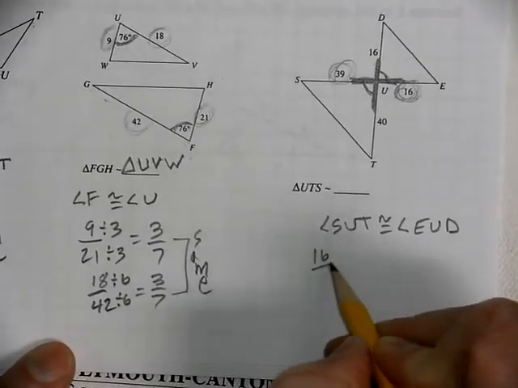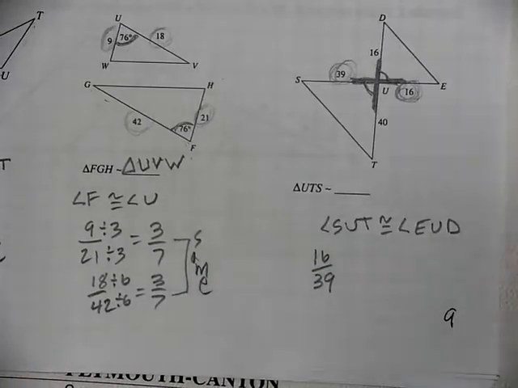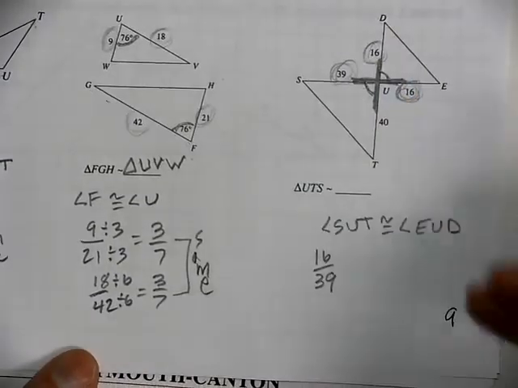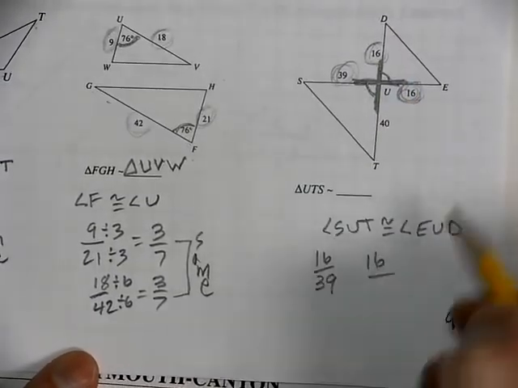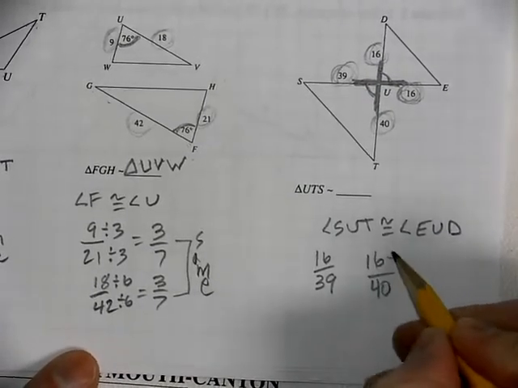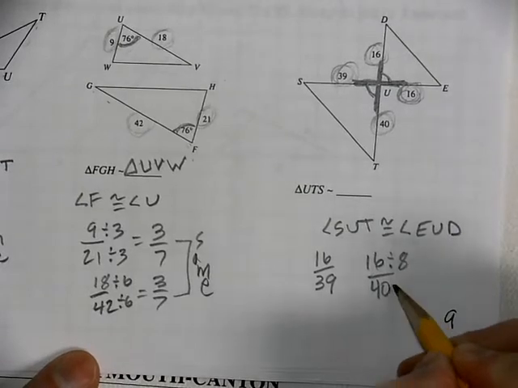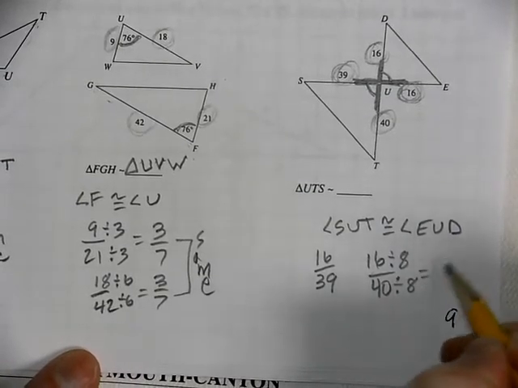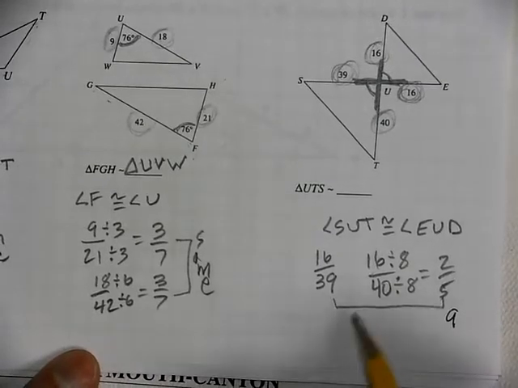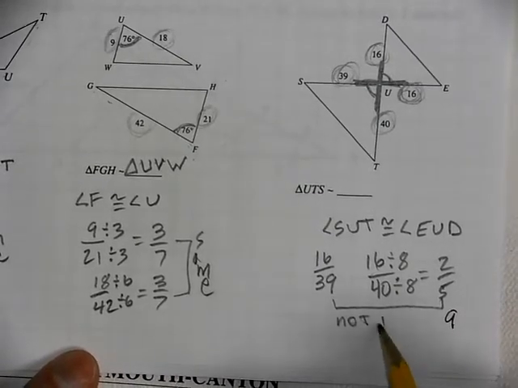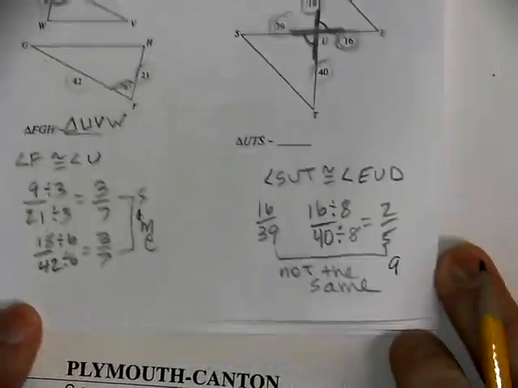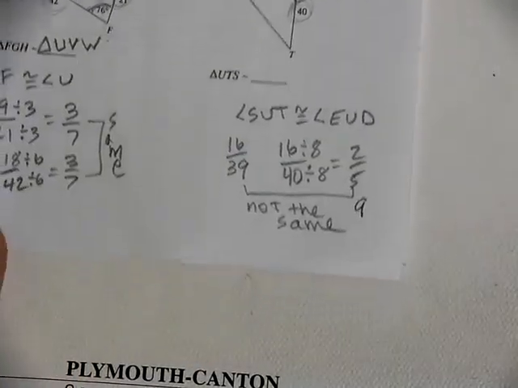So 16 over 39, I don't see that reducing. And then we'll take the largest number, 16, and we'll take the largest number, 40, and I know that that can be reduced by 8. I get 2/5. These are not the same. The sides are not proportional.